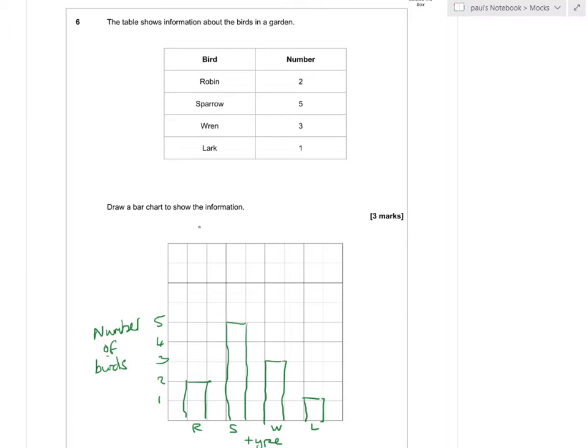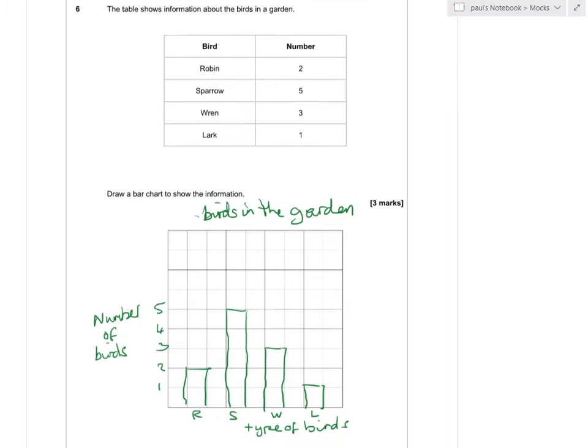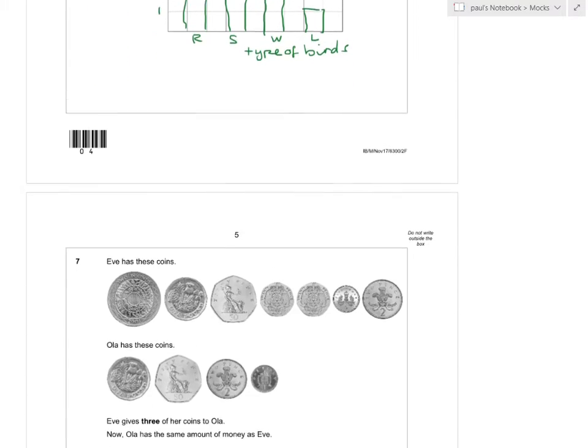Birds in the garden. Always put labels and things, type of bird. I would write that longhand out rather than letters, but I think that will do.